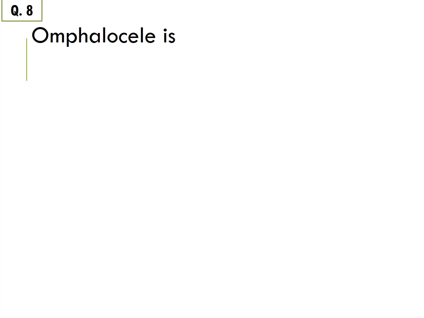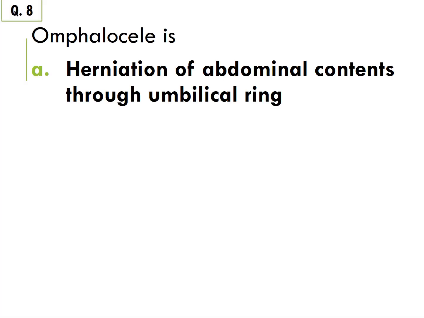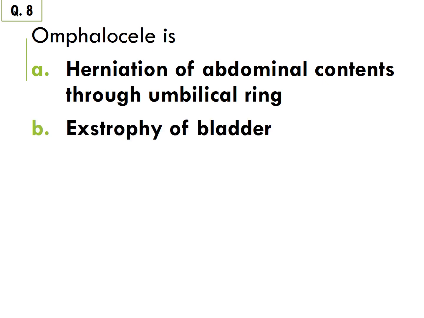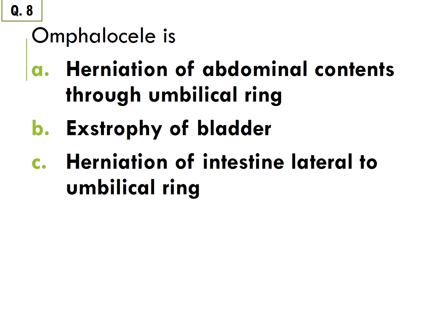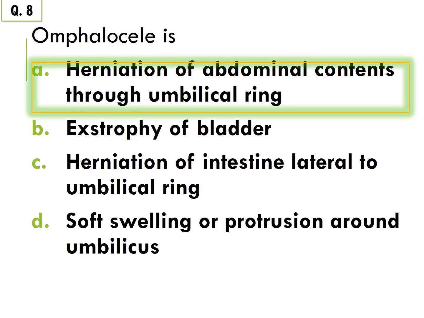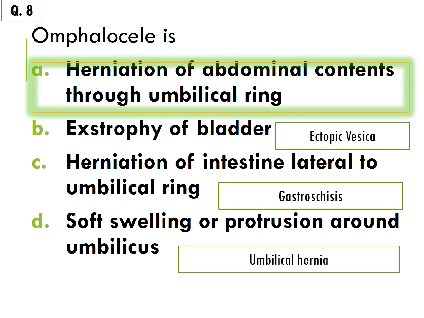Question number 8. Omphalocele is, options are herniation of abdominal contents through umbilical ring, extrophy of the bladder, herniation of intestine lateral to umbilical ring, soft swelling or protrusion around the umbilicus. And the answer is herniation of abdominal contents through umbilical ring is called omphalocele.